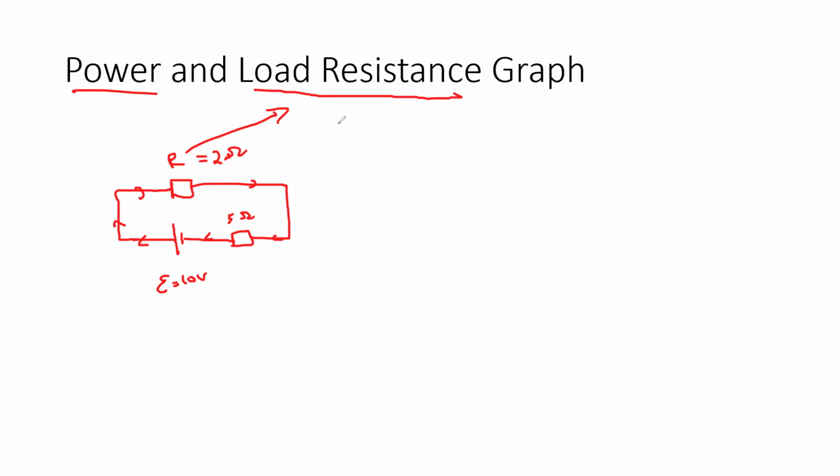So if the value of R is 2, what will be the current here? EMF is equal to I capital R plus I small r, so I can take I common. The EMF is 10. The current we don't know. The external resistance is 2 and the internal resistance is 3.